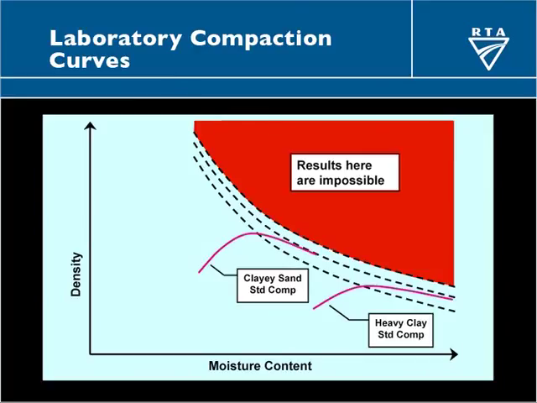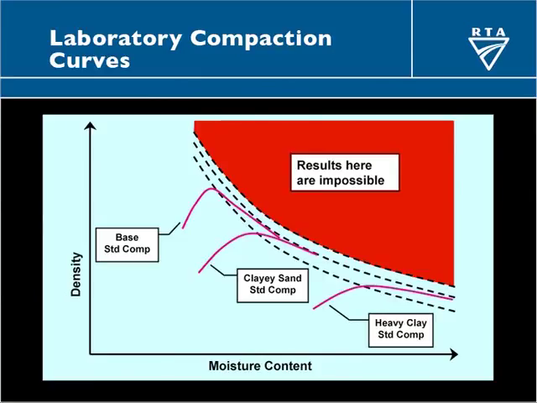If you've got something like a clayey sand, which is, say, many naturally occurring selects, or if you're in Sydney, say, a lot of the sandstone materials, you'll have a higher density and a substantially lower optimum moisture content. If you've got a road base, you'll have higher density again and an even lower optimum.